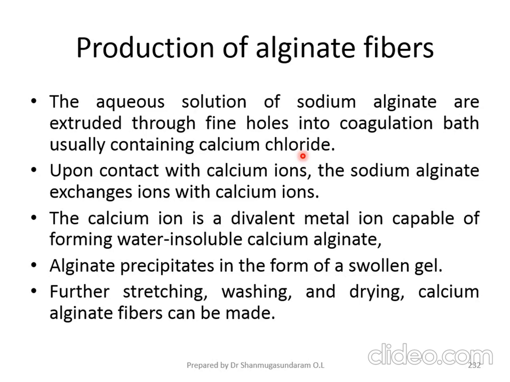So how is the viscose fiber manufactured? The viscose fiber is manufactured under wet spinning technology. Here also we are using the wet spinning technology for the production of alginate fibers. A highly viscous solution is obtained by dissolving the alginate in sodium carbonate solution, and the highly viscous solution is extruded through the fine holes into a coagulation bath.